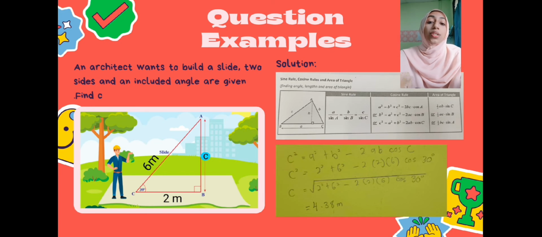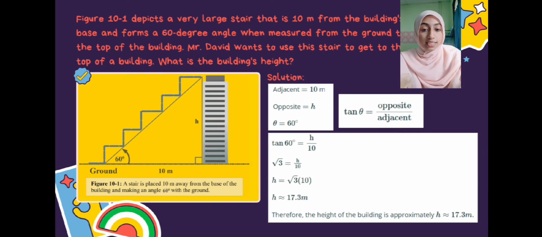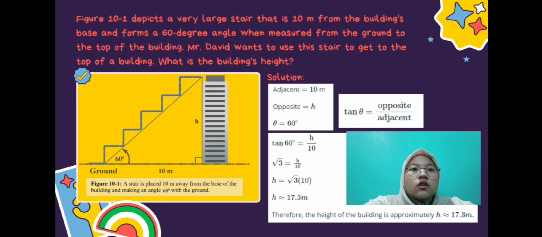So now we want to eliminate the square, so we use the square root. C equals the square root of 2 squared plus 6 squared minus 2 times 2 times 6 times cos 30 degrees. Then you will get the length of C is 4.38 meters.